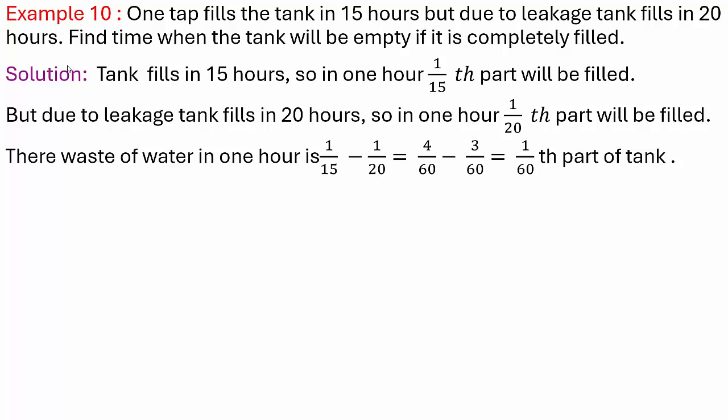Therefore, the waste of water in 1 hour is 1 by 15 minus 1 by 20. If we take the LCM of the denominators, it is 60, and therefore 1 by 15 minus 1 by 20 can be expressed as 4 by 60 minus 3 by 60. Therefore, 1 by 60th part of the tank is the waste of water in 1 hour. Hence, the tank will be empty in 60 hours, the reciprocal of that.